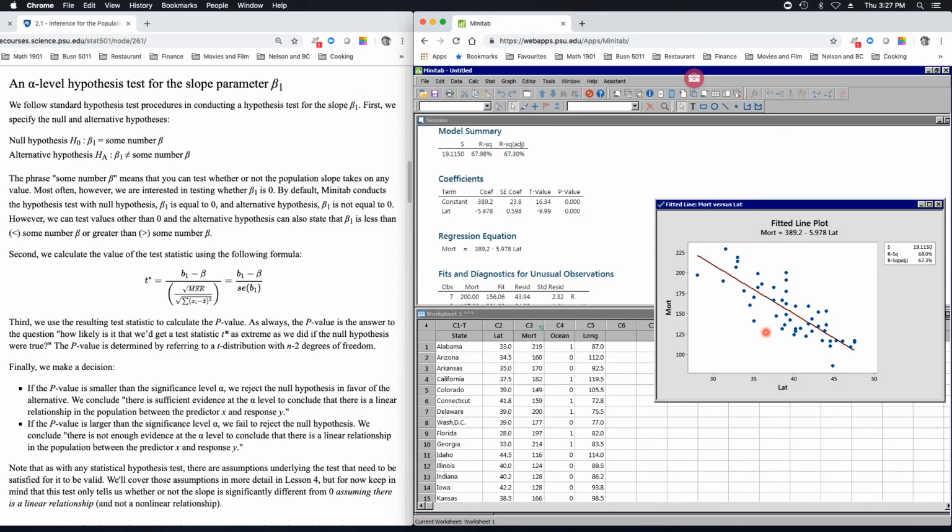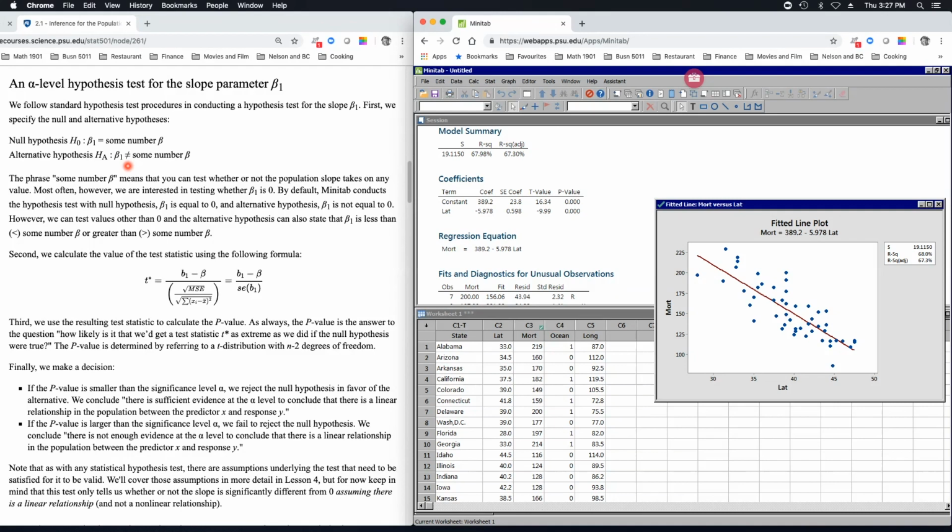There are a few more things to note about this t-test for the slope. One is that we considered a two-tail test because we had not equals in our alternative hypothesis. Before we even looked at this data set, we might have speculated that as latitude increases, the further north we get in the country, mortality from skin cancer would tend to go down.